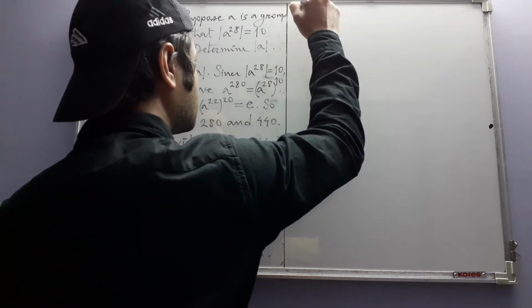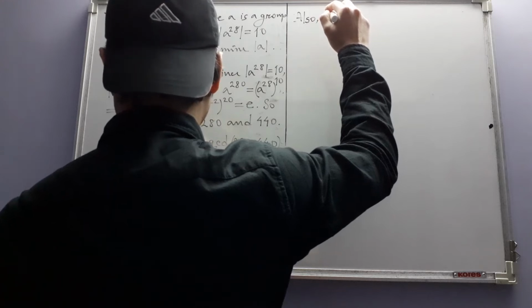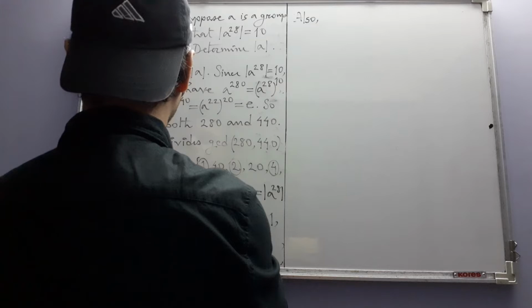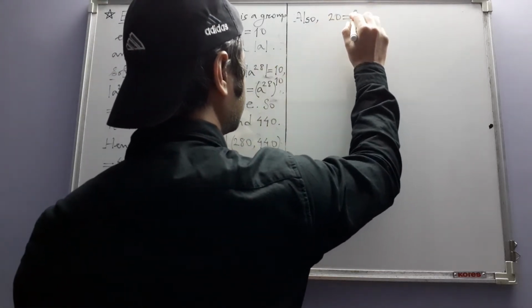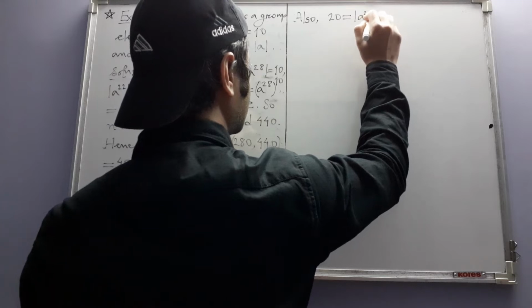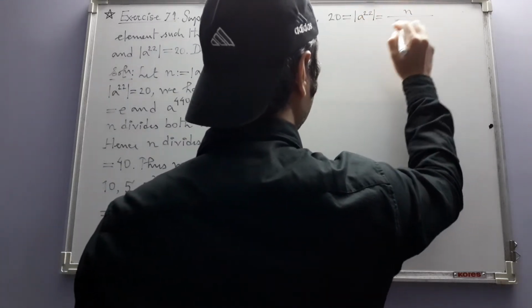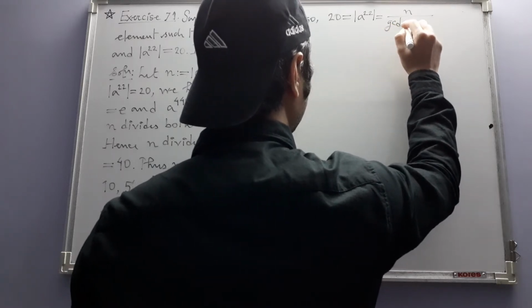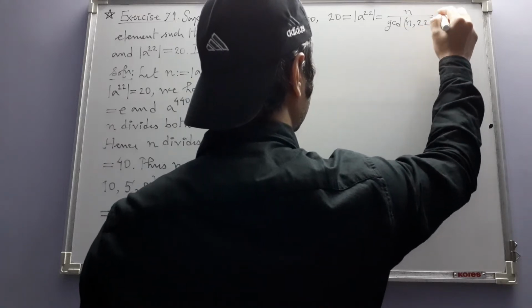Also, the other equation is this: 20 equal to order of a to the power 22, n divided by GCD of n and 22.